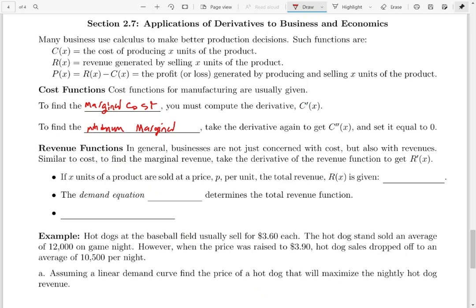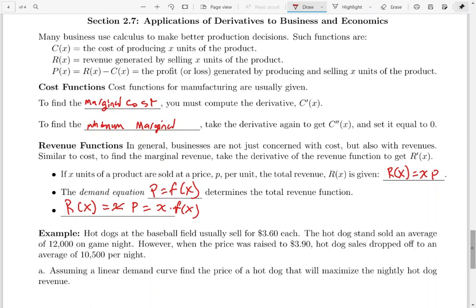And so similar to the cost, to find the marginal revenue, take the derivative of the revenue function to get R prime of X. And then if X units of products are sold at a price P per unit, then the total revenue R of X is given as X times P. Where specifically the demand equation, where P is some function, determines the total revenue function, specifically R of X is equal to X times P, which is really equal to X times whatever this demand function is.